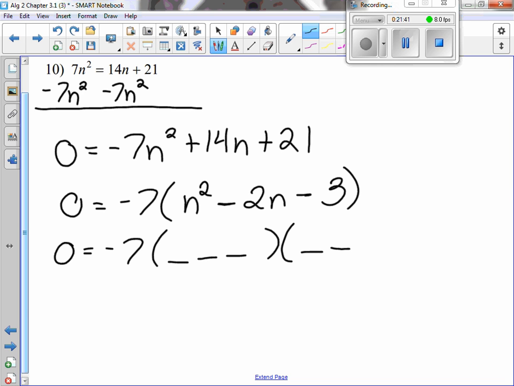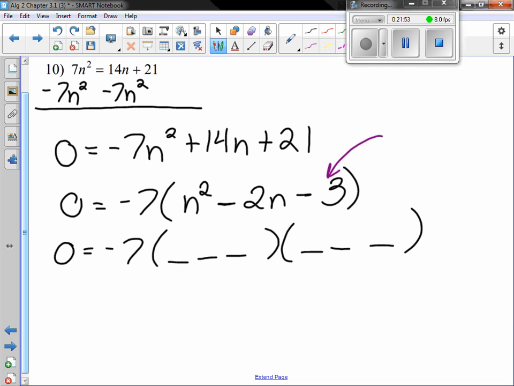Now that we've got all the common factors out, two sets of parentheses. The constant term is negative, so the signs are positive and negative, opposite. The factors of n squared are n and n.